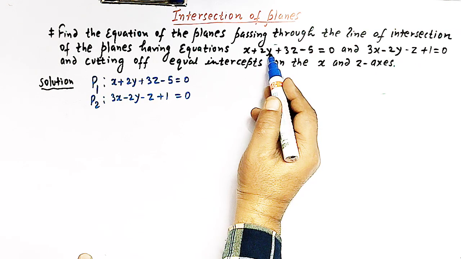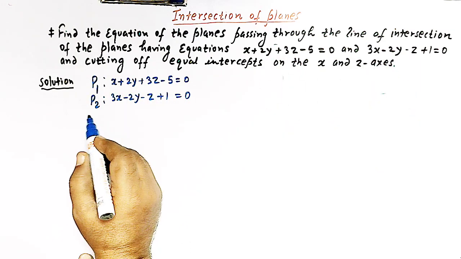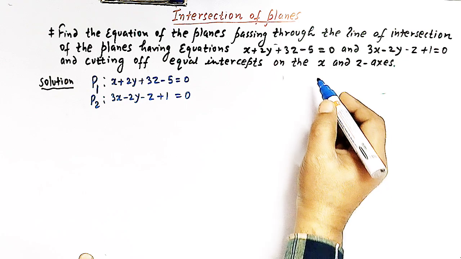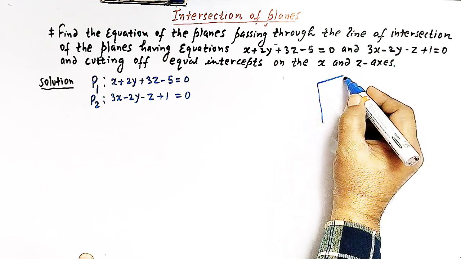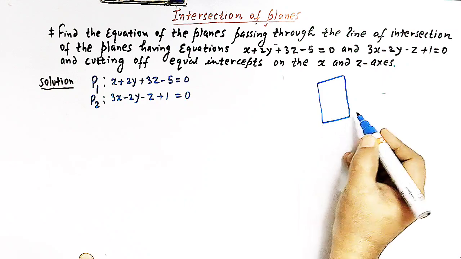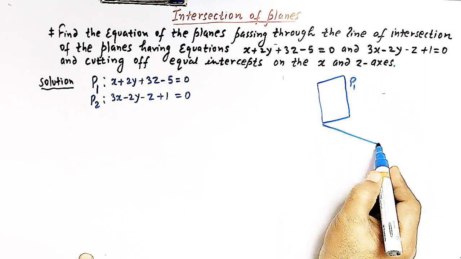So now let us denote this plane by P1 and this plane by P2. So let us draw a rough diagram here. Suppose this is our plane P1, and this is our plane P2.